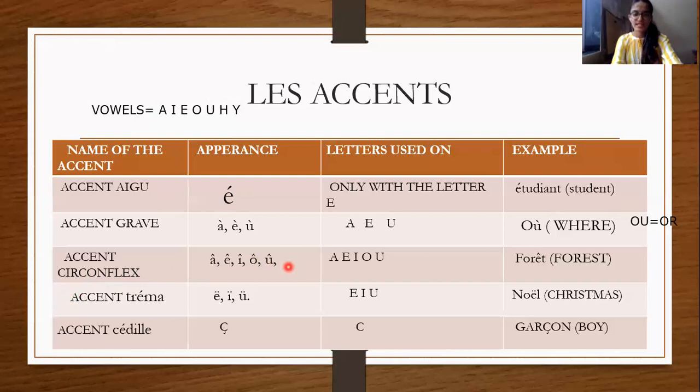So how does accent circumflex look? It is just like a small mountain or a half triangle on all the vowels basically, A, E, I, O, U. Not on the silent vowels, but on the other vowels, A, E, I, O, U. It looks like a small mountain or a small triangle on top of A, E, I, O, U. The example is forêt, which means forest.